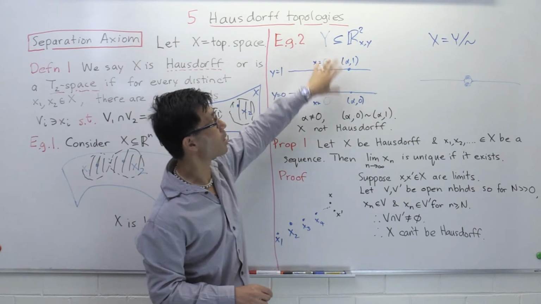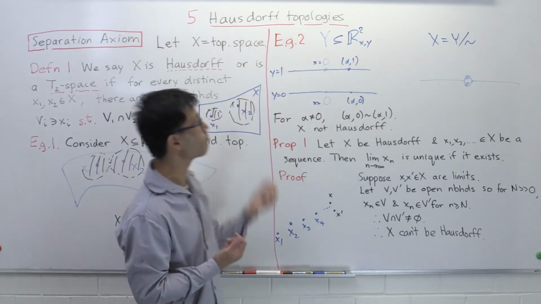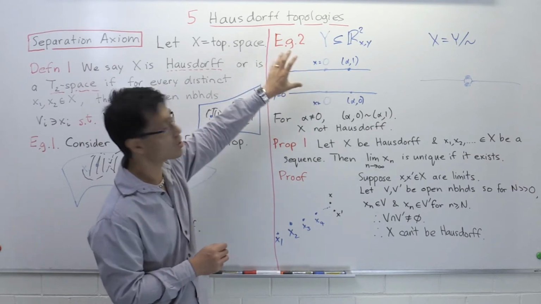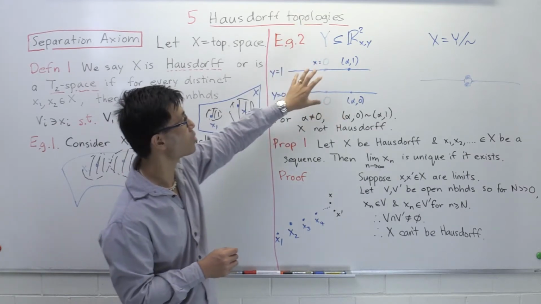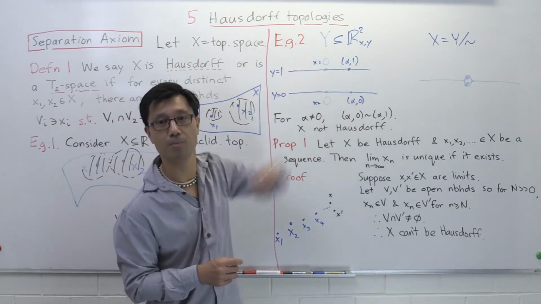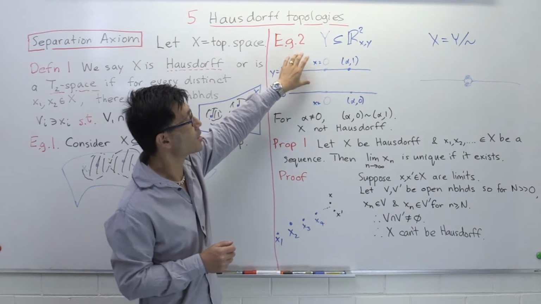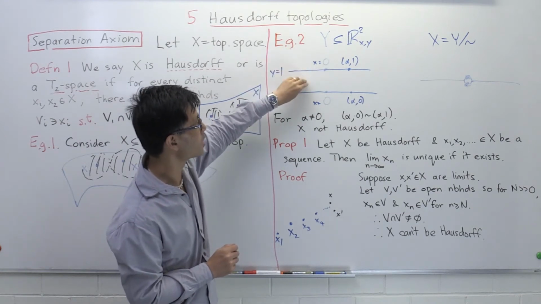It's a subspace of R2, so it has the default Euclidean topology. It's very easy to see what the open sets are here. You just need an open set here and an open set here, and it's the union of something like that.